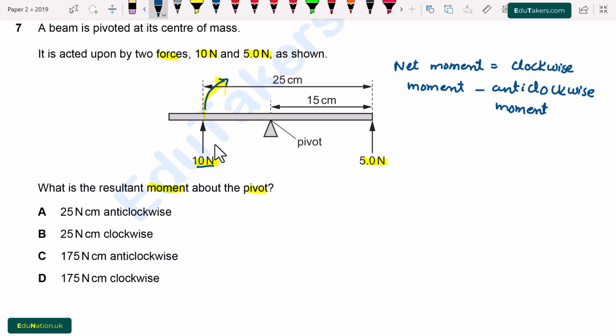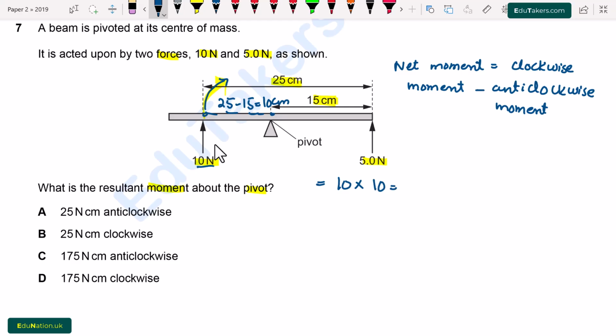So clockwise moment is 10, which is force multiplied by the perpendicular distance from the pivot, which in this case will be 10, because the total distance between these two forces is 25 centimeter and the distance of 5.0 Newton force from the pivot point is 15 centimeter. So the other distance will be 25 minus 15, which is equal to 10 centimeter. So this distance, that is the perpendicular distance of force 10 Newton, is basically equal to 10 centimeter.